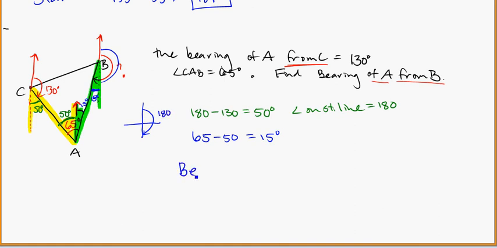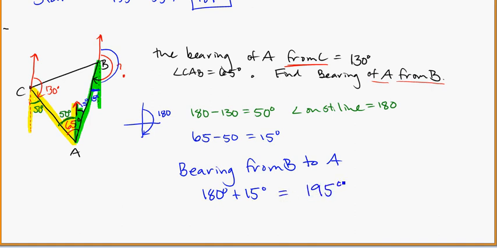So our bearing from B to A is going to be equal to 180 degrees plus 15 degrees. In this case, adding up to 195 degrees as a bearing. Again, that's the 180 degrees from the north to the south, and then that little bit more of 15 degrees that we found using alternate angles that carries us all the way around, going from B down to A.